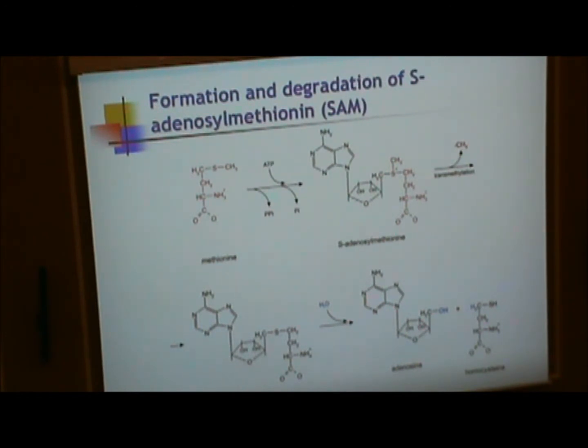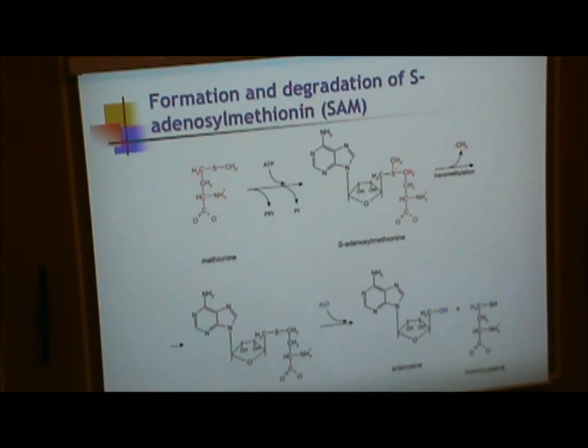So, the methionine interacts with ATP. ATP loses pyrophosphate and phosphate, and the adenosine interacts with this sulfur, forming such a product. Such a product is called S-adenosylmethionine.